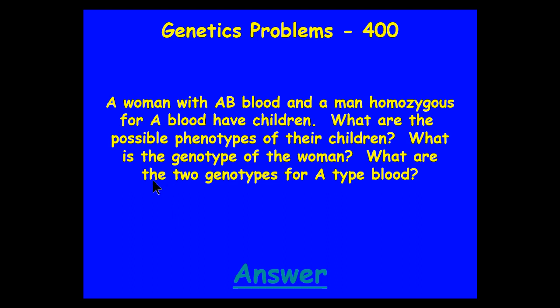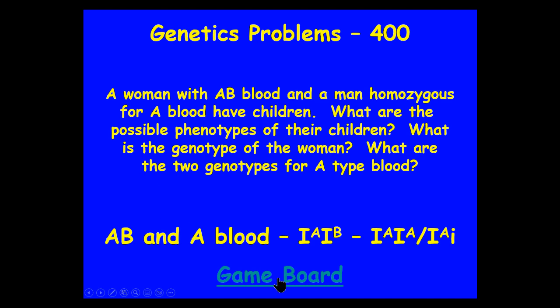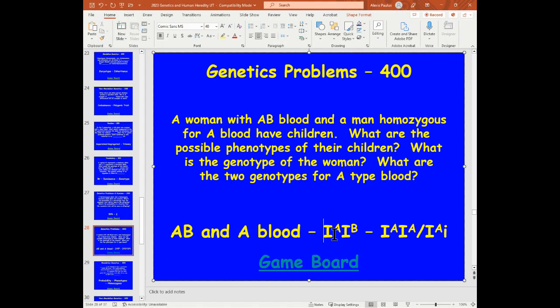All right. Answer coming in five, four, three, two, and one. So it's going to be A, B, or A blood. My bad, I'm changing this to get less confusing.